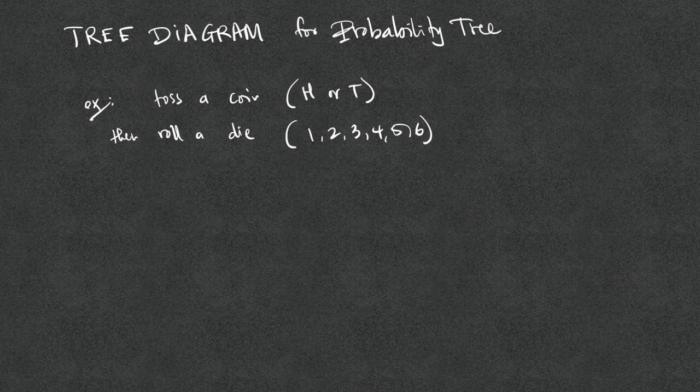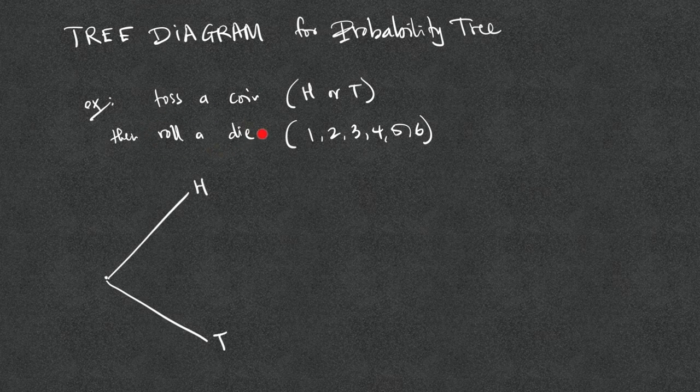To use a tree diagram, we would draw two branches for the first event because the first event has two outcomes. So we would draw two branches from one origin and we label this as head or tail.